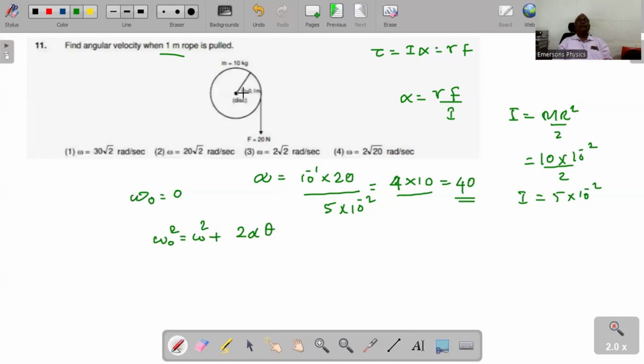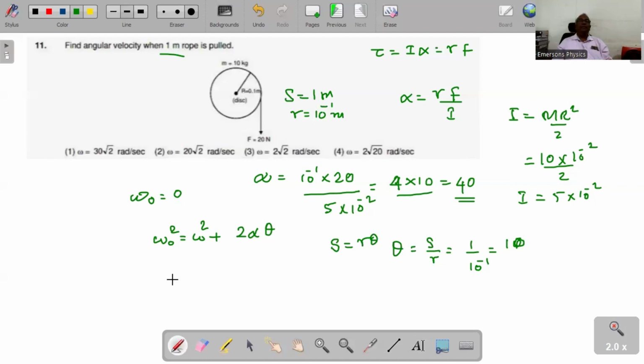So it is clear S is 1 meter and R is 10 to the power of minus 1 meter. You know, S is equal to R theta. Theta turned by this disk is S by R. S is 1 meter by 10 to the power of minus 1. Theta is 10.